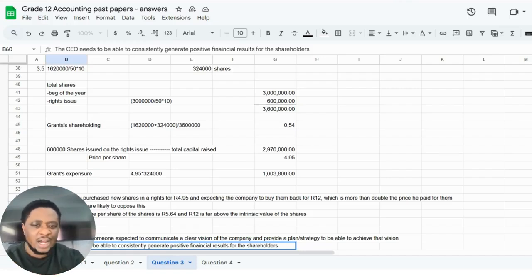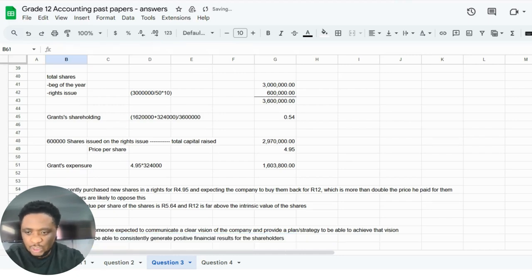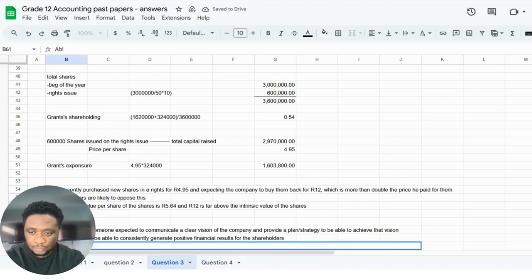And then perhaps the other thing that would be expected of a CEO is that you must be able to lead people and be able to attract top talent into the business.